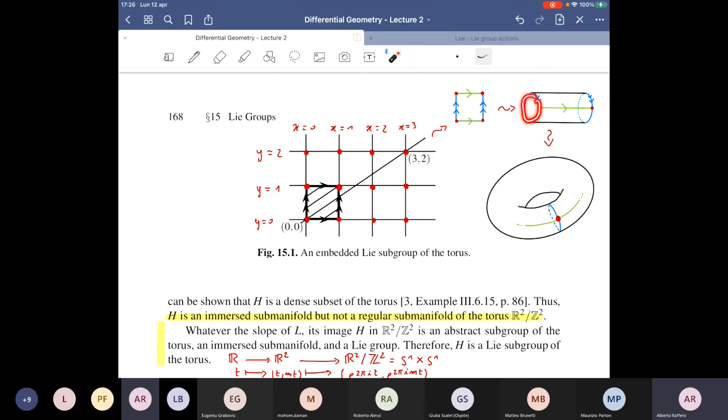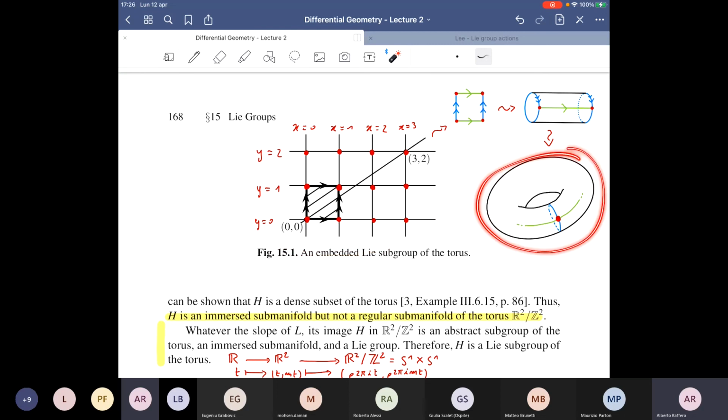Then you have to glue the cylinder along these blue circles, and when you glue it, deforming it a bit, you will end up with the torus. So in particular, as you can see, these blue segments where we started from are now a circle in the torus, and also these two green segments are a unique circle again in the torus. So this is the algebraic description.